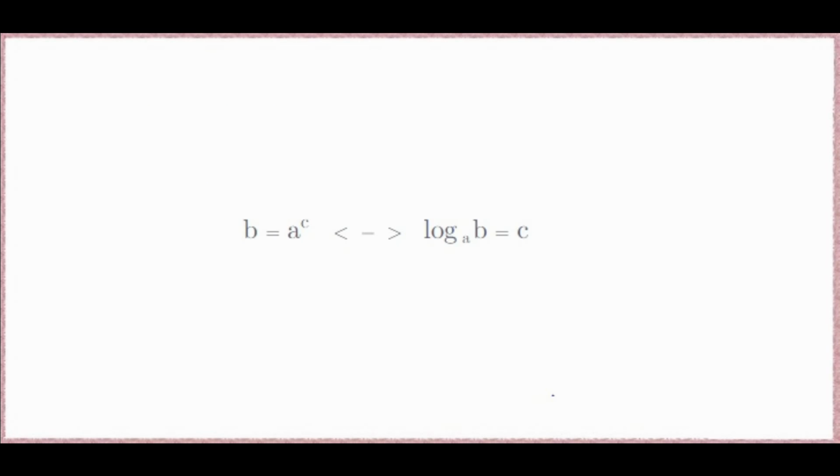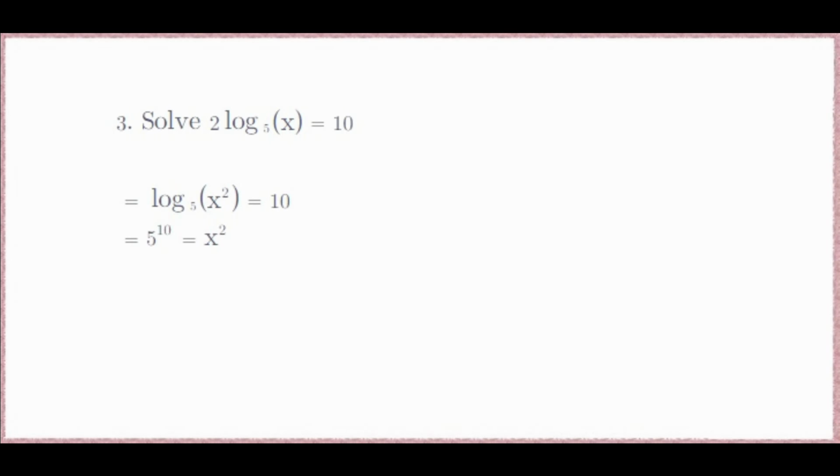So then, rewriting this, we can use the fact that when we have log to a base of something equals something, then the base stays as a base, and whatever it is equal to becomes your exponent, and then whatever the inside is what is equal to it. So here we get 5 to the 10th equals x to the second power. So then we can solve from there.